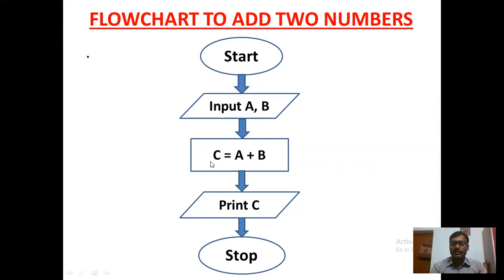Whatever values are stored in the variables A and B will be added in the variable C. This rectangular symbol is known as the process symbol. Then C stores the result of A plus B. Then again the flow line indicates print C, meaning whatever value is stored inside the variable C should be printed. Then at last it has to stop.